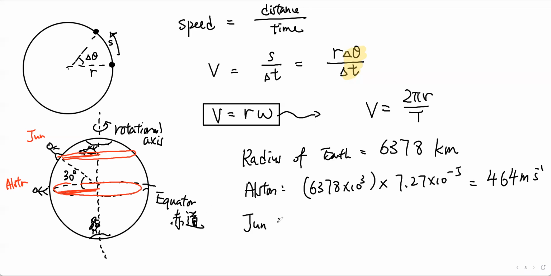Let's take a look at June now. Now the radius of June is different. So what should be the radius of June? Times cosine 30 degrees, am I? Do you see this triangle?